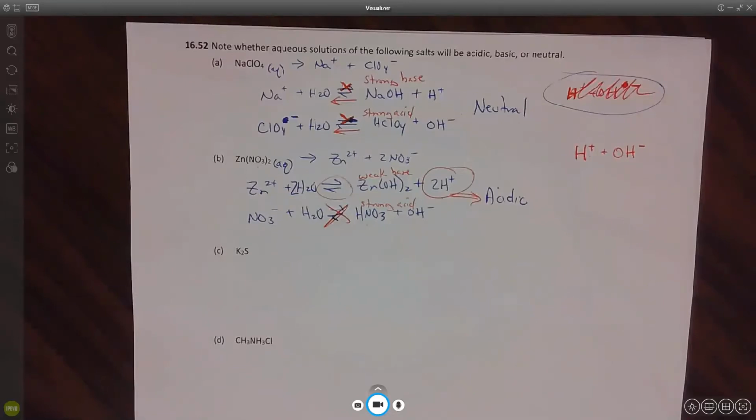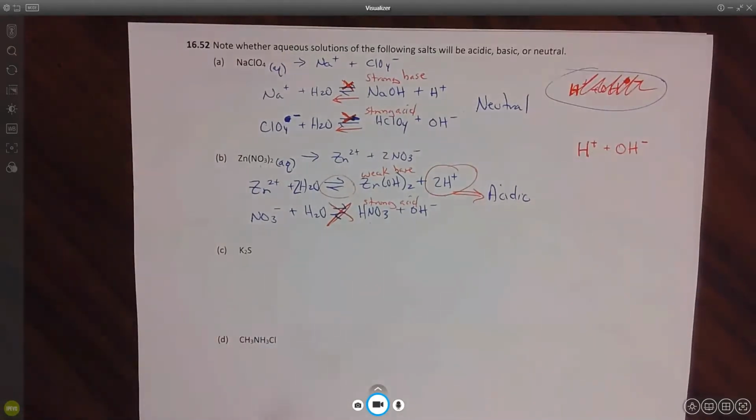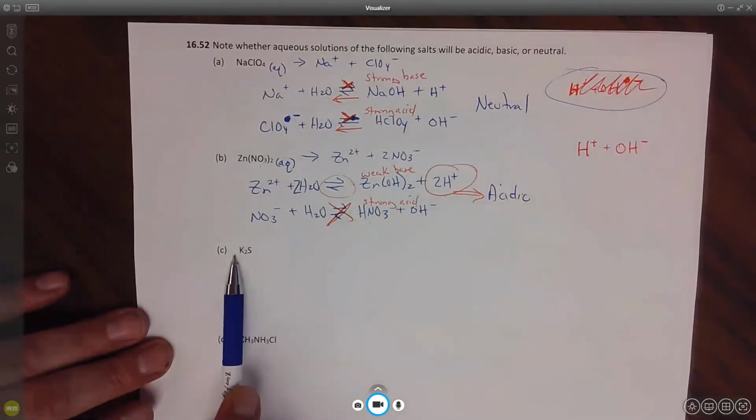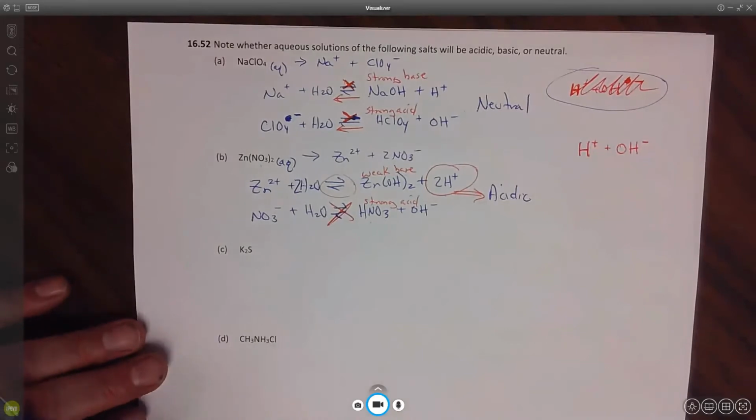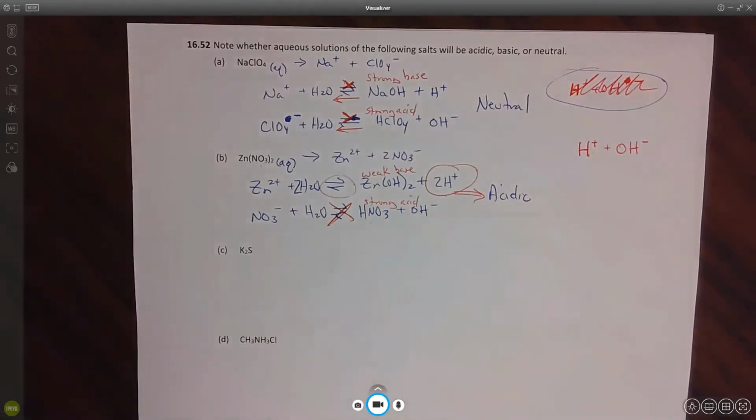So is potassium sulfide soluble? It's a salt, it's a metal and a non-metal. It's not an acid. There's no H's. It's not a hydroxide. No OH's. It's not a metal oxide. Doesn't contain any oxygen. Therefore, it's a salt. Is potassium sulfide soluble or insoluble? It is soluble.